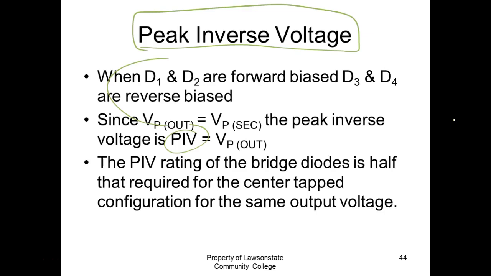A diode is an active device. A transistor is an active device. FETs are active devices. Triacs are active devices. So solid state devices are active devices. Resistors, capacitors, and inductors, these are what we call passive devices.